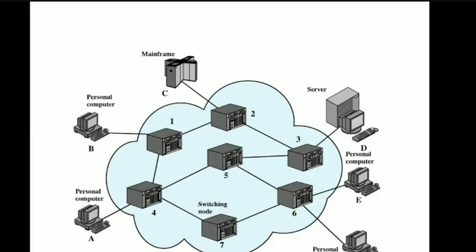But in a virtual circuit subnet, as the path has been established, all the packets must go on the same path only, whether there is congestion or not. So there are different advantages and disadvantages of datagram switching and virtual circuit switching networks.